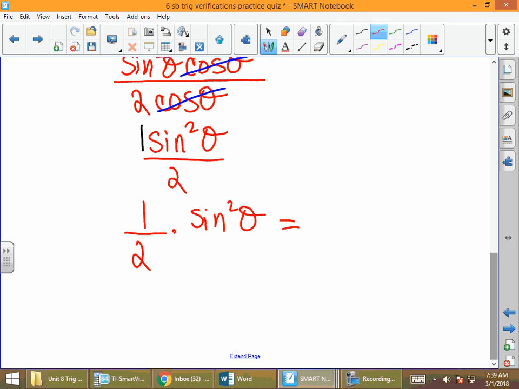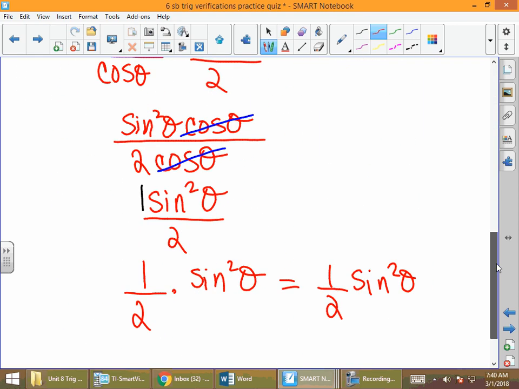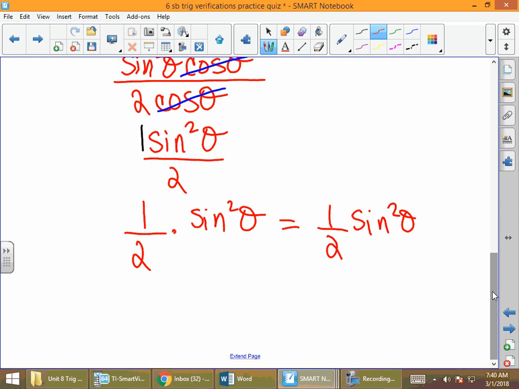And again, when you compare it to the other side, it says 1/2 sine squared theta. I'm going to pull back up here to the beginning just to make sure. But yes, sine squared theta divided by 2 is the same value as 1/2 times sine squared theta. But if you want to be really specific there, you can rewrite it so that you see that.